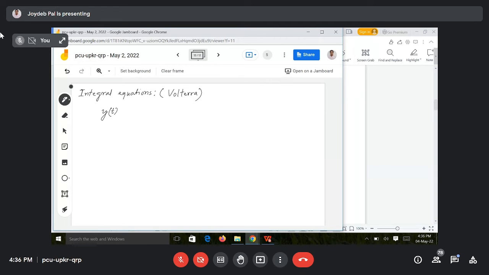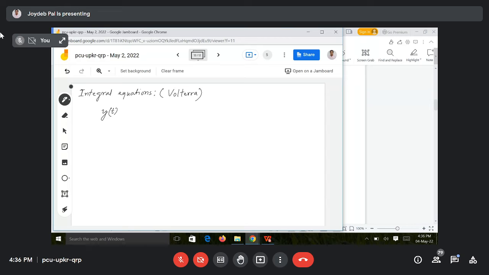What is a differential equation? When an equation contains differentiation. Similarly, what is an integral equation? When an equation contains integration. That is a simple thing.